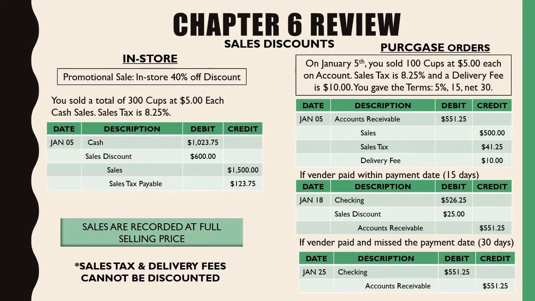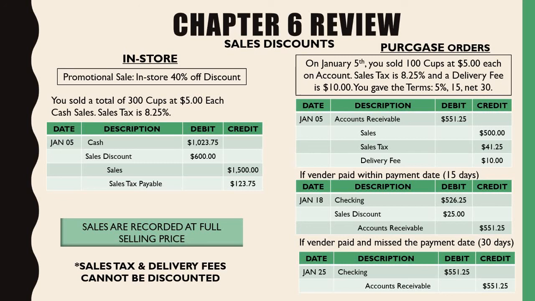Then we also talked about the difference between the sales discounts, right? In-store is pretty straightforward because at time of purchase, most commonly, they will get the discount right then and there, because in in-store sales the discount is effective immediately. Whereas terms has a condition.